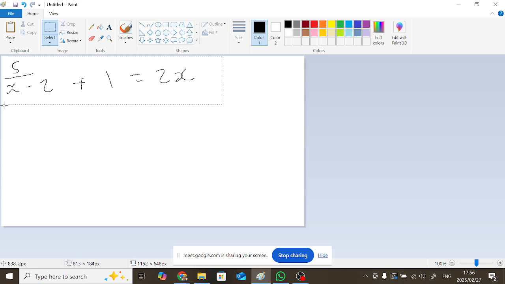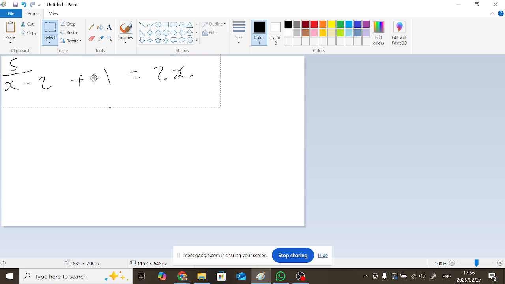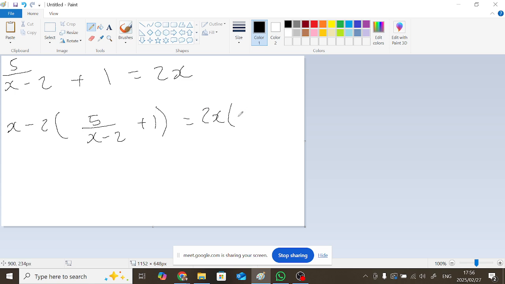So we'll have x minus 2 multiplied by 5 over x minus 2 plus 1. Just remember, it must be multiplied by everything on the left and everything on the right. When it gets multiplied, it cancels out, and we're left with just 5.